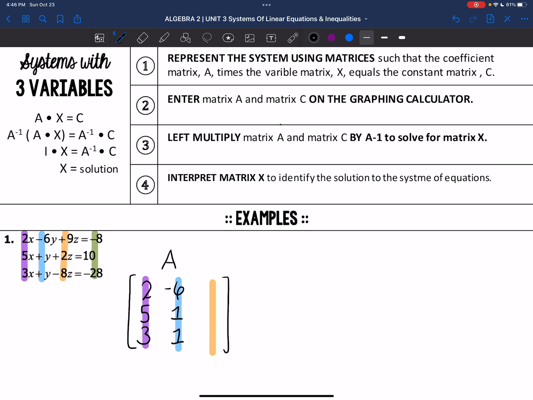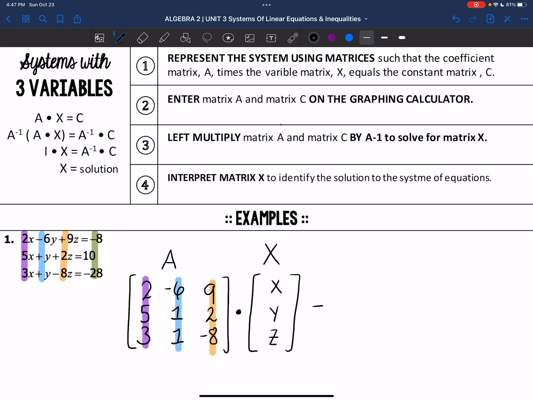And then we have in our final column the coefficients of z, which are going to be 9, 2, and -8. We're going to multiply that with our x matrix, which is our 3 different variables. What are our 3 different variables? X, y, and z.